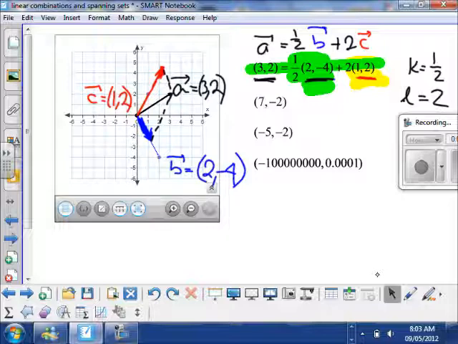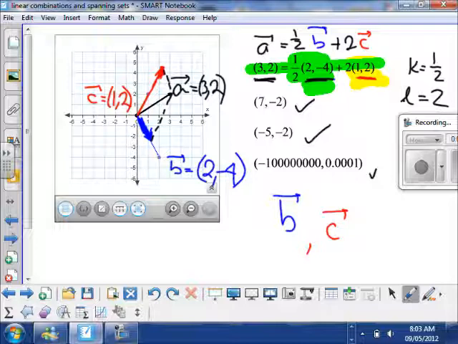Good. Now your task is, using the same vectors B and C, I want you to write these 3 vectors that I have here, 7 and negative 2, negative 5 and negative 2, negative 1 million and 0.00001 or whatever I have there.